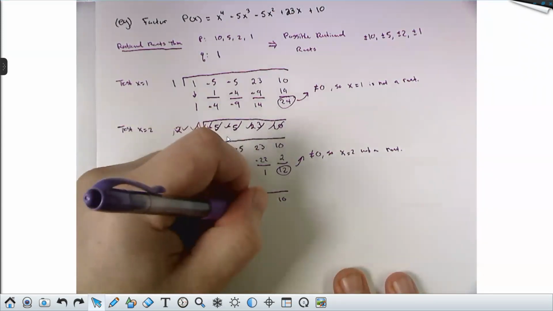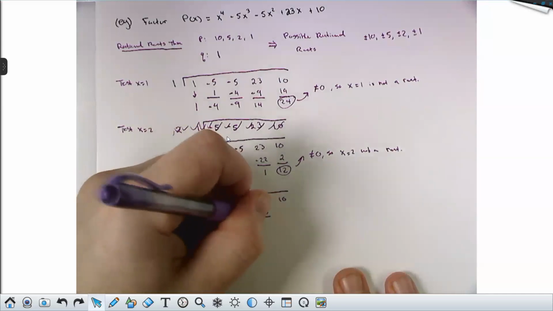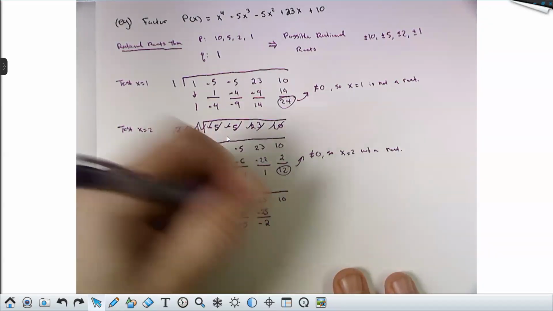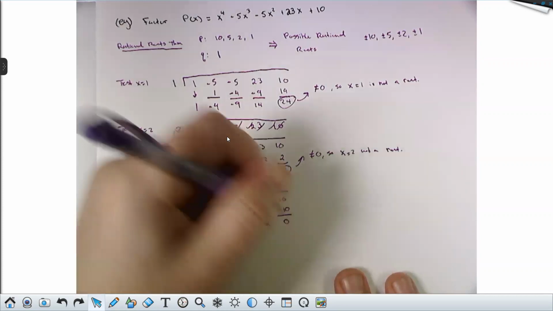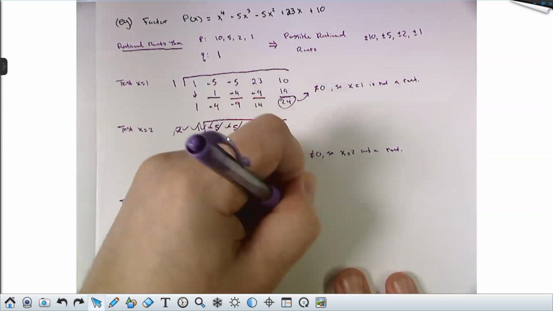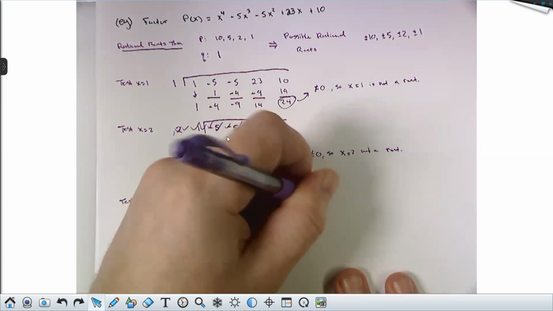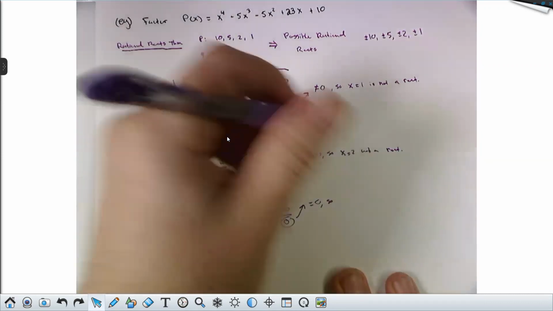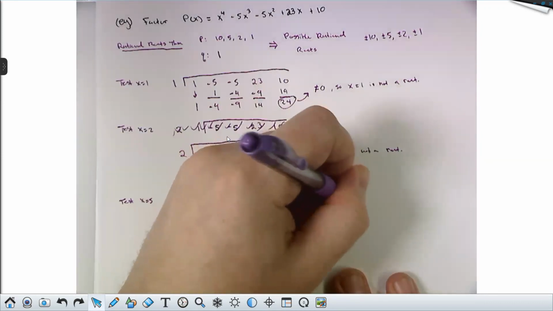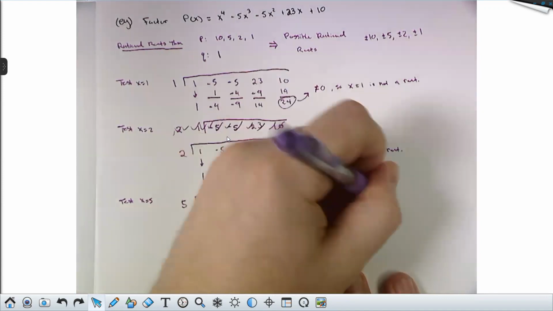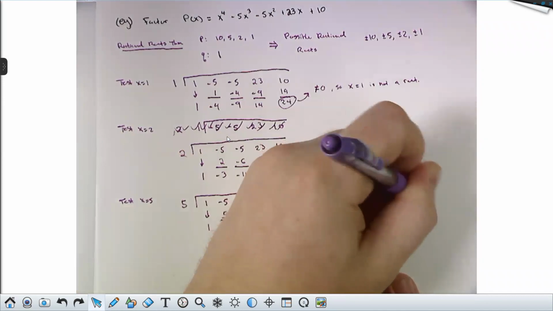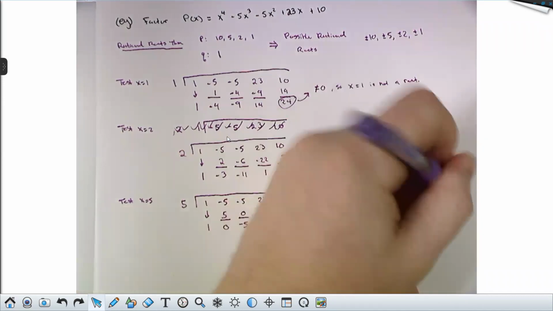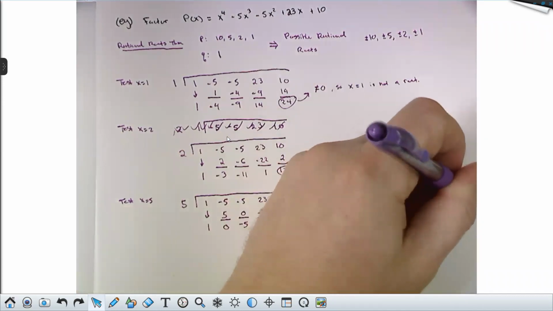Times 5 is -25. This looks good. Now it's -2. -2 times 5 is -10. Plus 10 is 0. All right. So this is equal to 0. So x equals 5 is a root, which means x minus 5 is a factor.